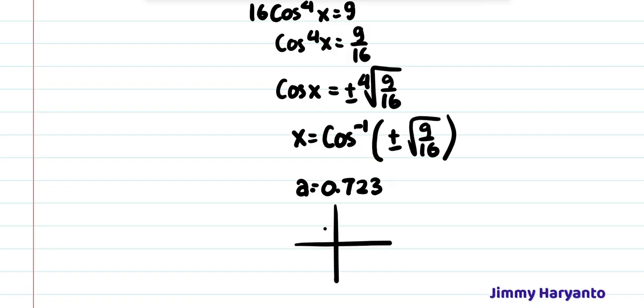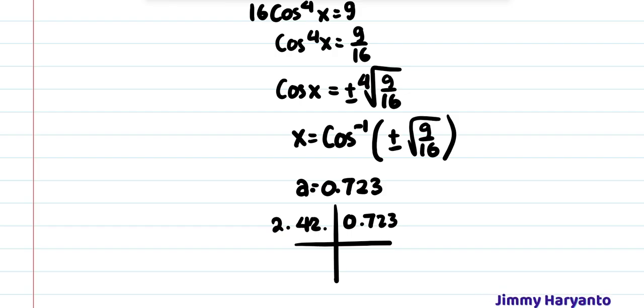And then for the quadrant, you will take all of them because it's plus and minus. So this one is 0.723, and then pi minus 0.723 is 2.42, and then pi plus 0.723 becomes 3.86.